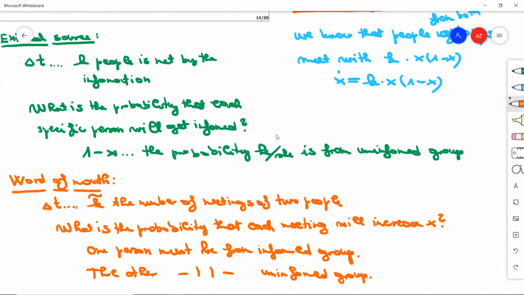The probability that one person is from the informed group is X, and the probability that the other is from the uninformed group is 1 minus X. So the probability that one is from the informed and the other is from the uninformed is X times 1 minus X.